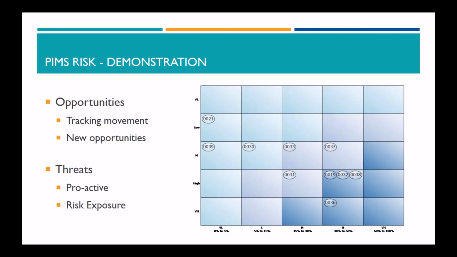After we've covered that, we'll focus on threats, looking at some of our proactive tools to help you manage and minimize threats, look at risk exposure, etc. Obviously, we track movement on threats and new threats at the same time, and we can be proactive on the opportunities.